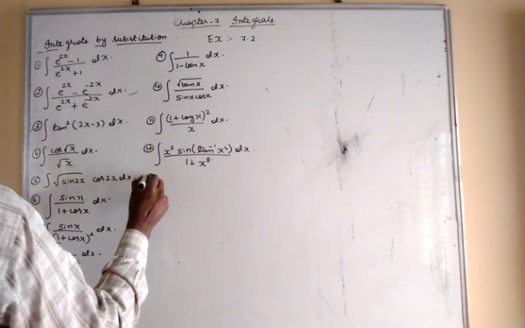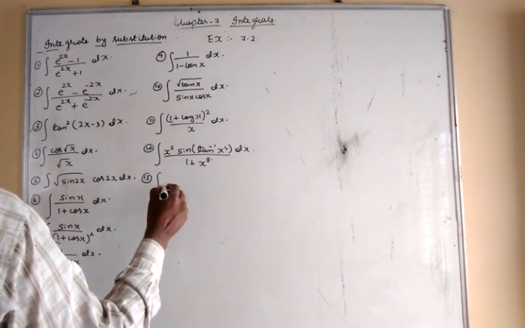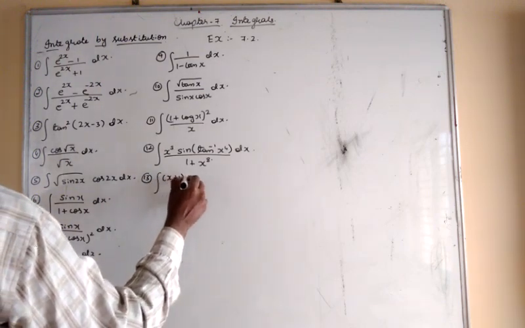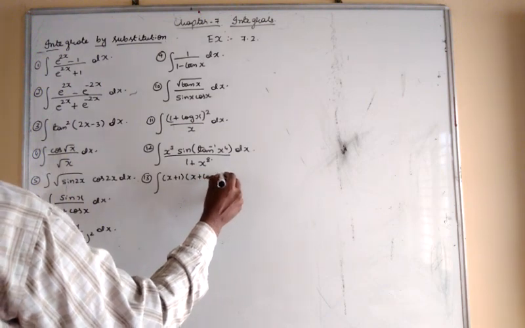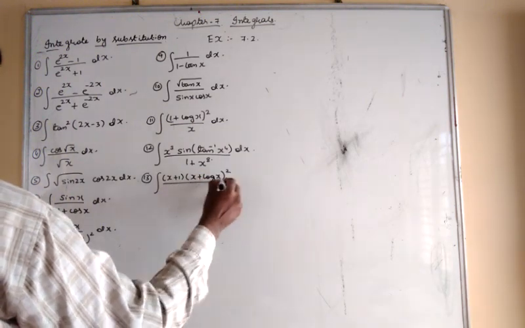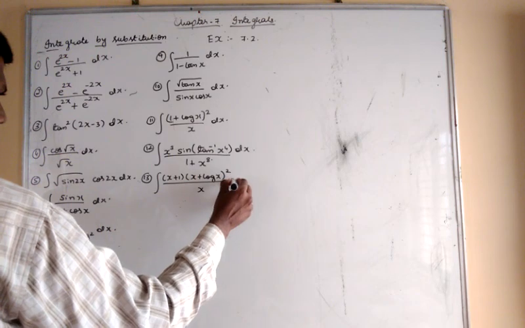Next one, integration of (x plus 1) then (x plus log x) whole square by x dx.